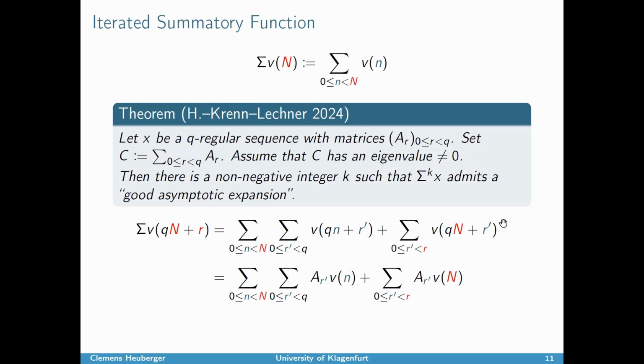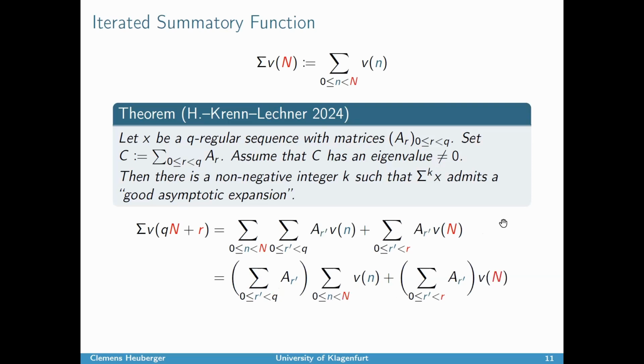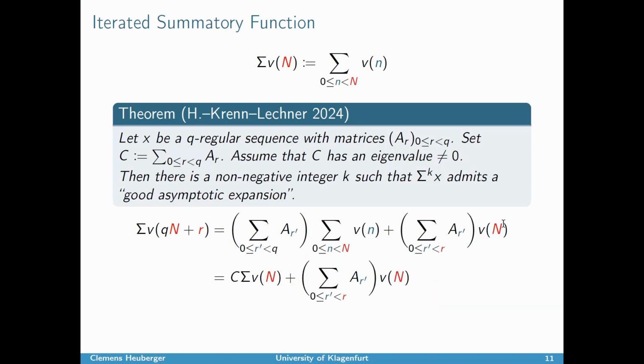And then I use the moving up and inserting the recurrence and doing some magic or non-magic with sums. And here I have the C, and the summatory function again has the C here plus something which is small.